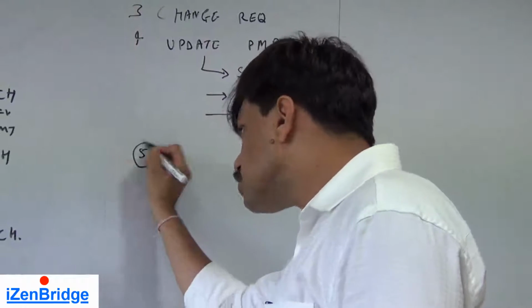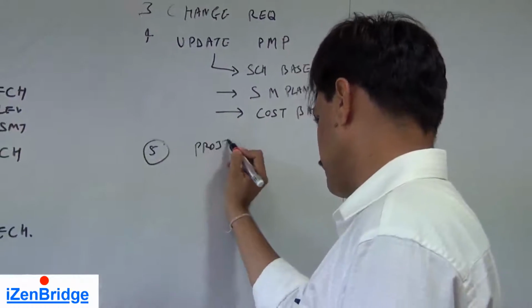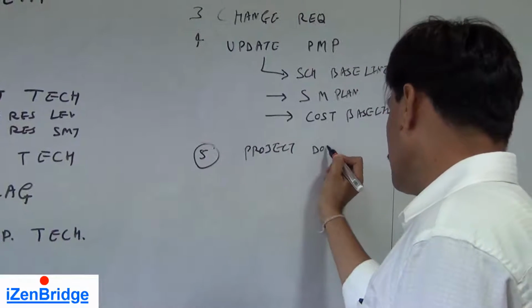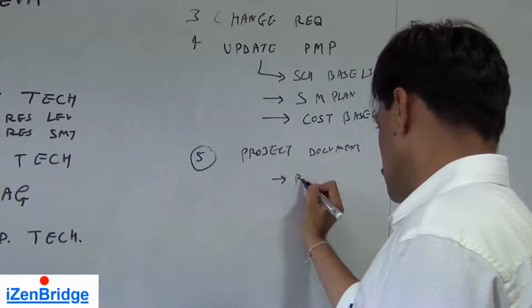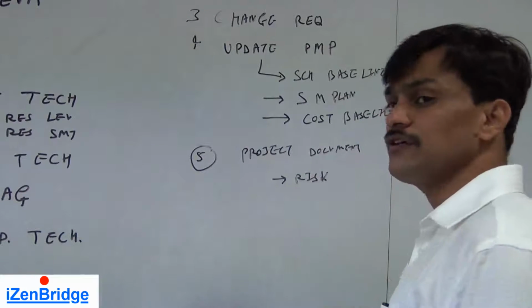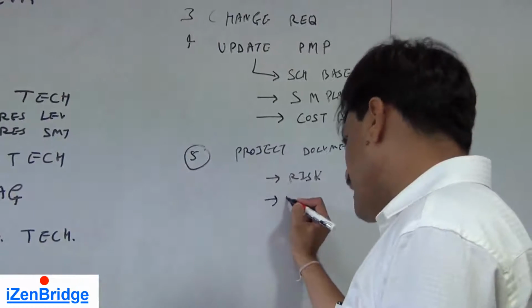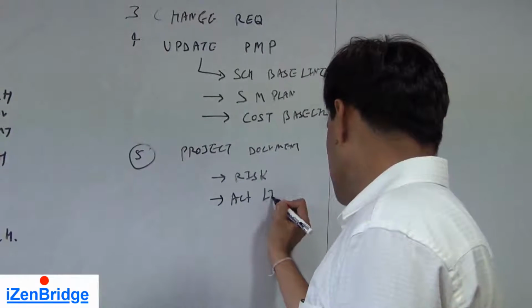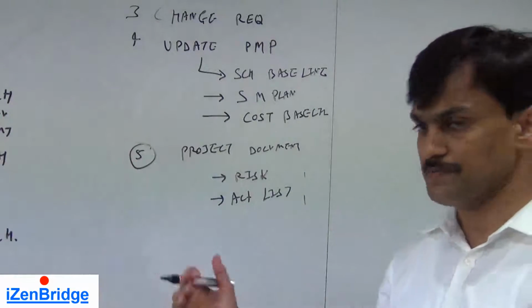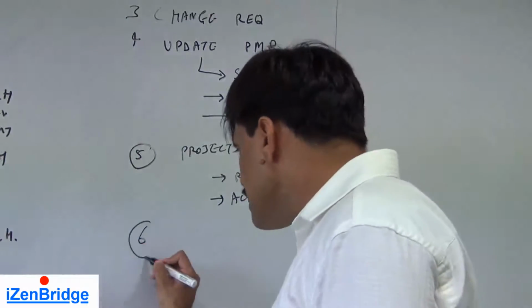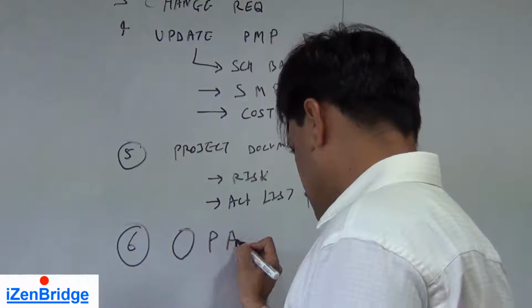Some of the project documents may get updated, for example risks. Some activities may get updated with information about new constraints, new recommendations, so the activity list, etc. So some of the project documents may get updated, and we may also update organization process assets.